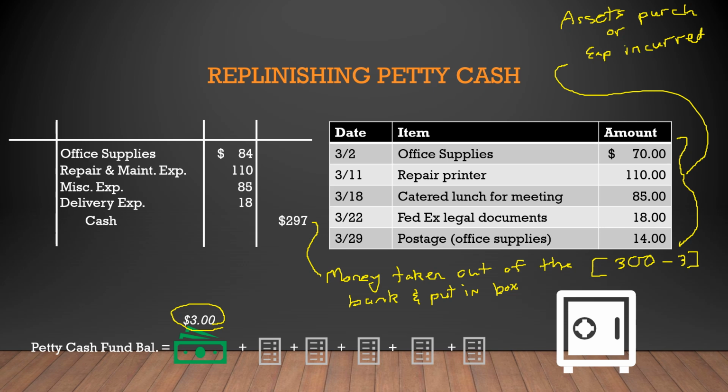We only need to take out just enough money to make the cash in the box equal the fund balance. At this point, we can verify that our entry's total debits equals our total credits, so all is well.